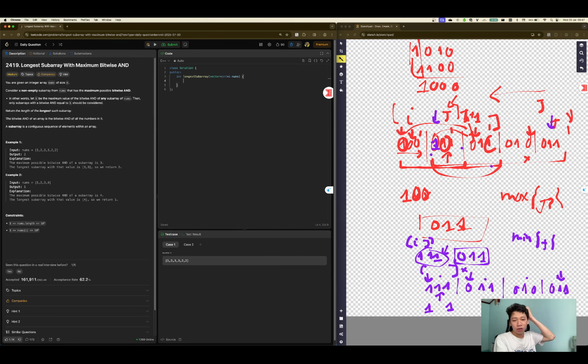We need to store the last 0 positions of the bits. I'm going to create a vector like last0. 10 to the power 6 gives about 20 bits, okay.